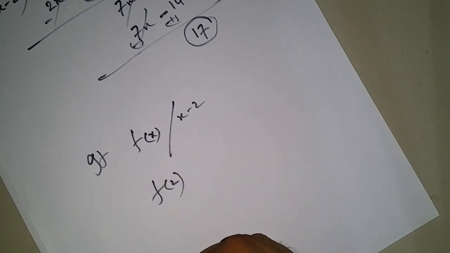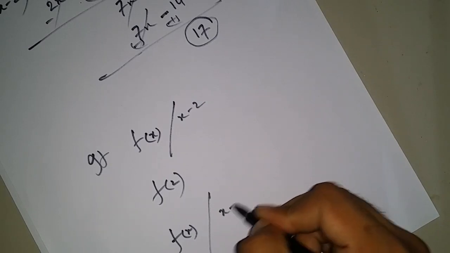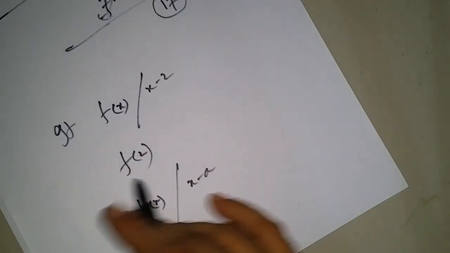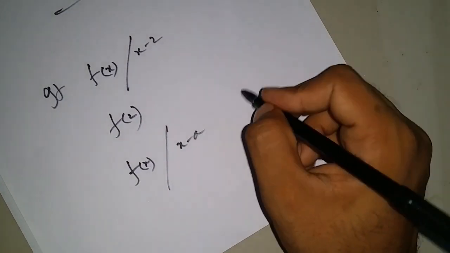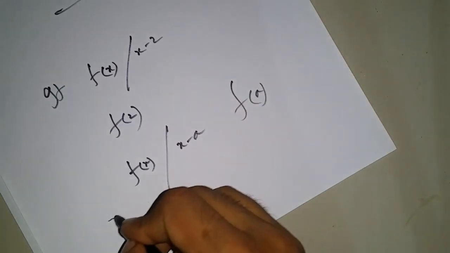More briefly, if f of x is divided by x minus a, then the remainder of this division will be f of a. The remainder theorem says that.